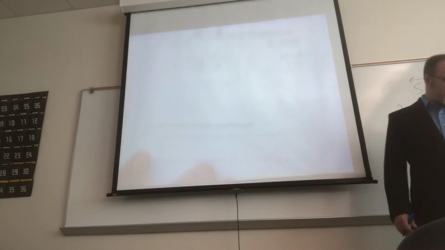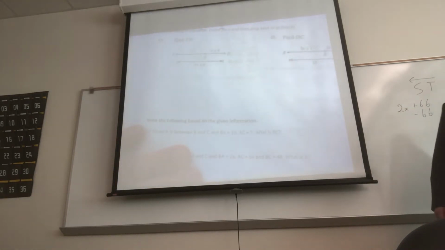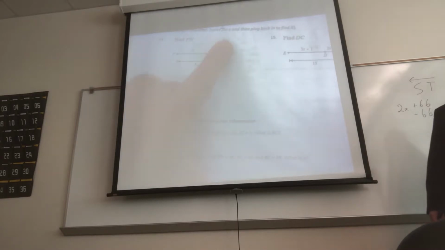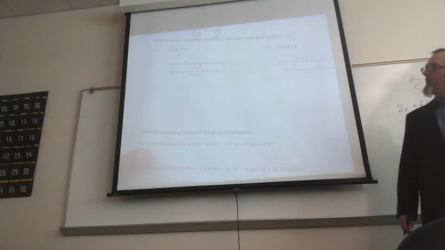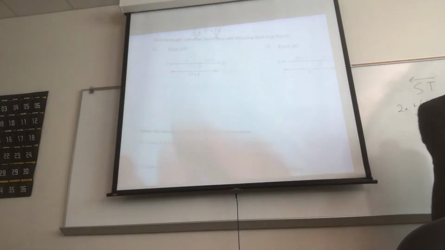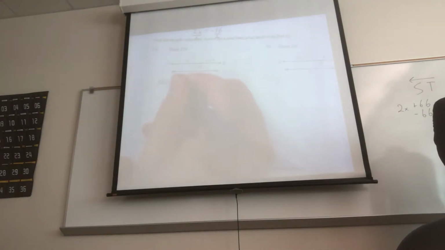I'm going to skip number 13. On number 14, find the length indicated. So you have to solve for x and then substitute it back in. On this one, it's asking me to find FH. This is 12 plus x plus 4 is equal to 3x plus 6.